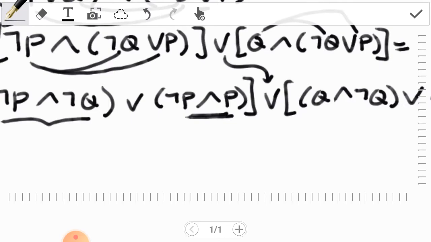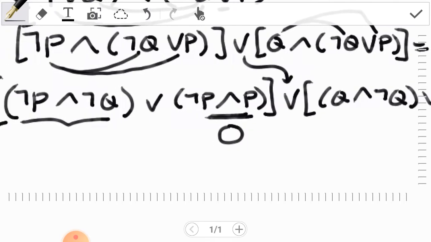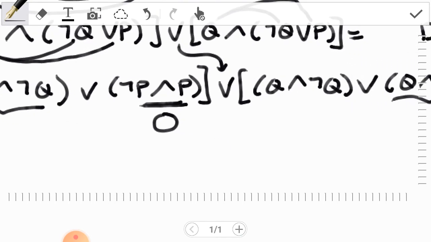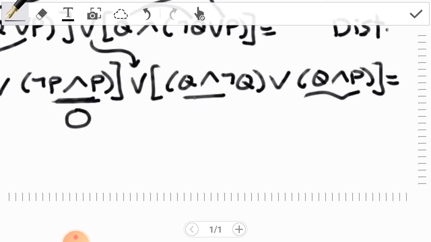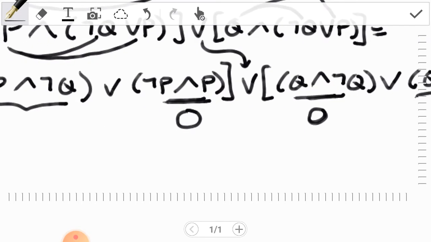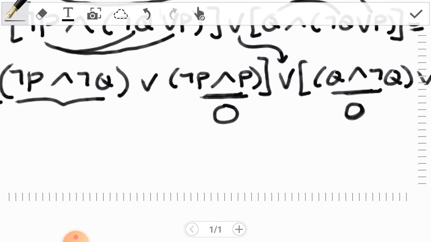That's the 7th, and this is equal to the false value 0. And similarly, this will be equivalent to the false value 0. So still under the identity, we now have one proposition or 0.